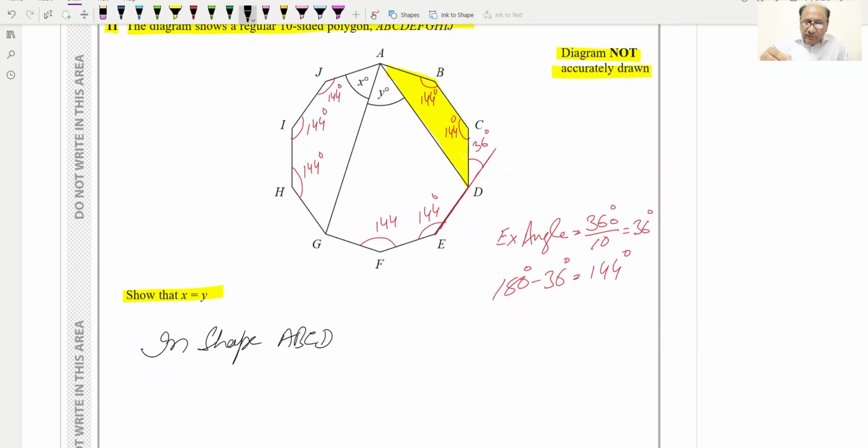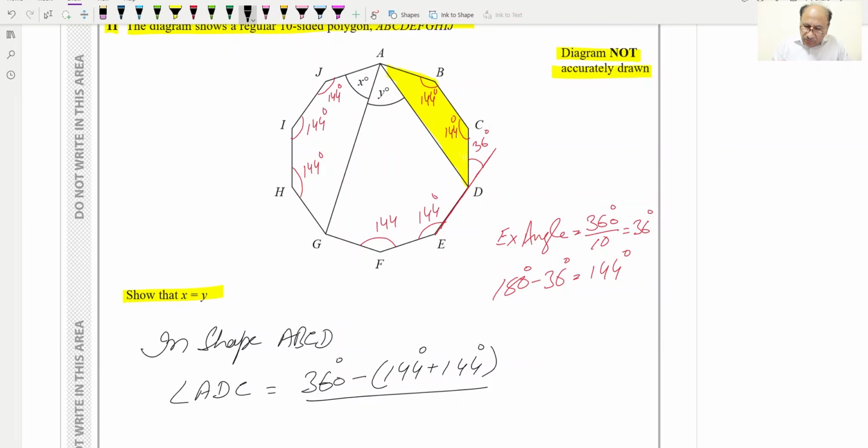So angle ADC will be equal to 360 minus 144 plus 144, divided by 2, because angle BAD and angle CDA are equal.